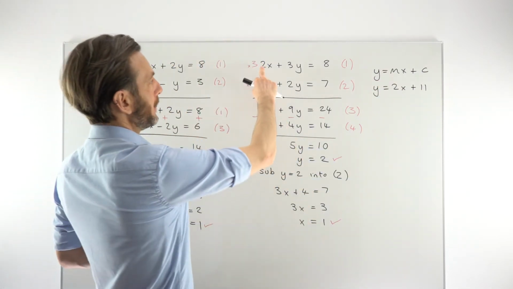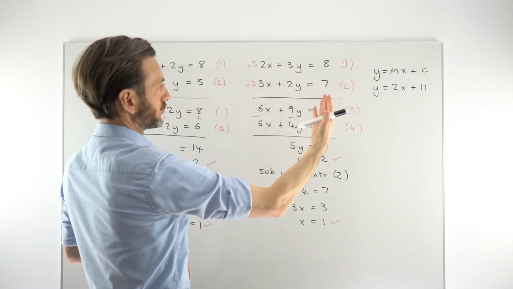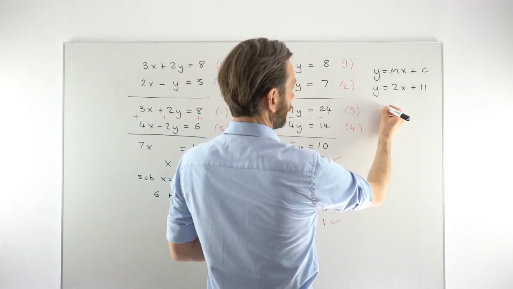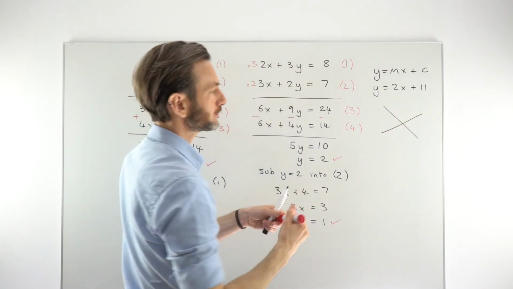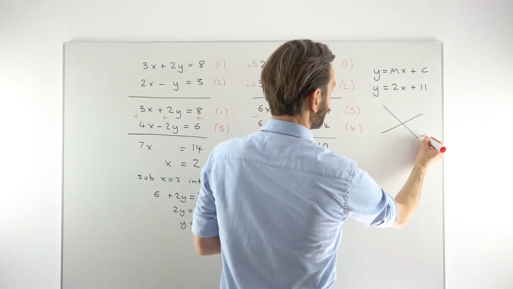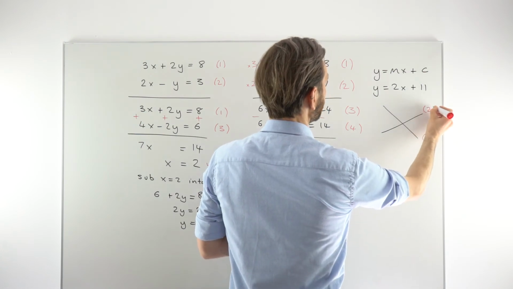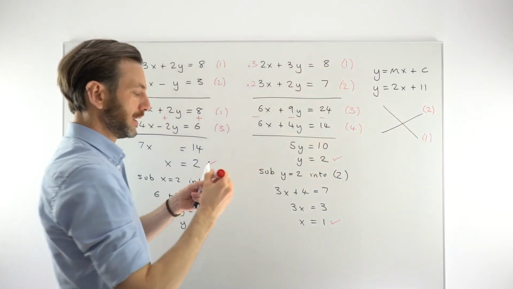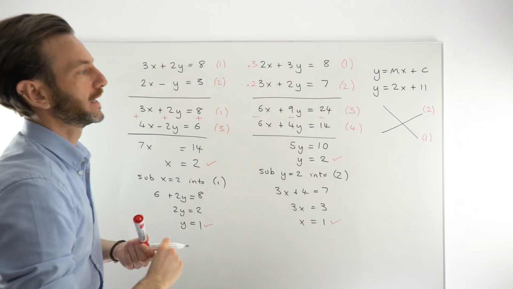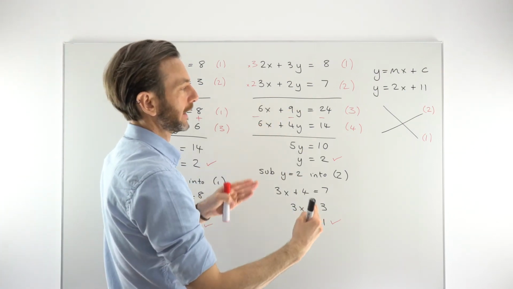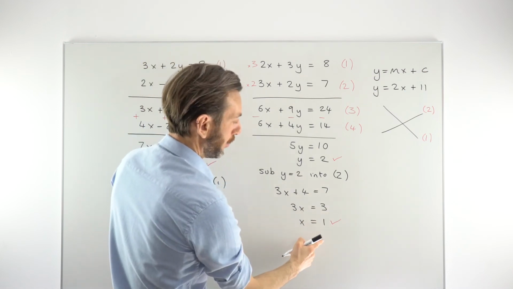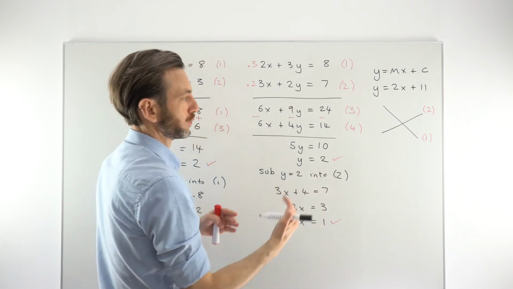So if you imagine that these guys are straight line equations, so let's say you've got straight line 1 and straight line 2, represented by equations 1 and 2. Then if you imagine that xy are the points on the line, this here would be the point 1, 2 with coordinates 1, 2.